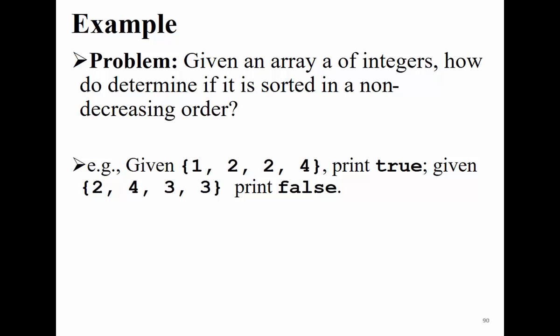Okay, so we are given an array of integers. How do we determine if it's sorted in non-descending order? So given an array 1, 2, 4, return true. Given 2, 4, 3, 3, return false.